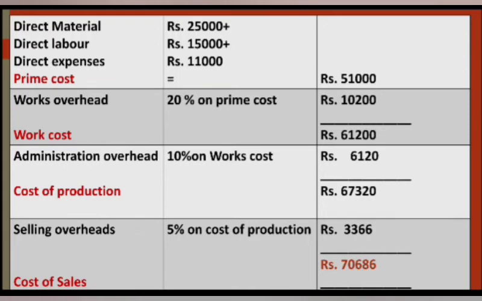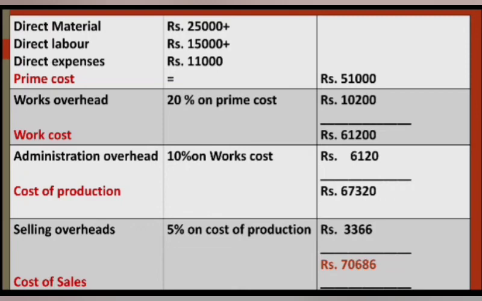Then for calculating cost of production, we calculate administration overhead 10% of work cost. That is rupees 61,200 into 10%, we'll get rupees 6,120. Then we have to add 61,200 and 6,120, we will get cost of production as rupees 67,320.